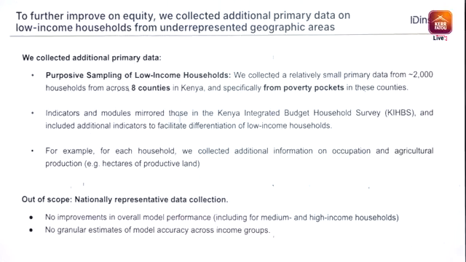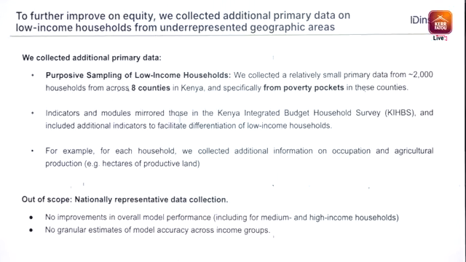The general data that we collected is very similar to the standard household budget survey, the Kenya Integrated Household Budget Survey, KIHBS, and all the modules that go into that. So it's expenditure modules, asset modules.